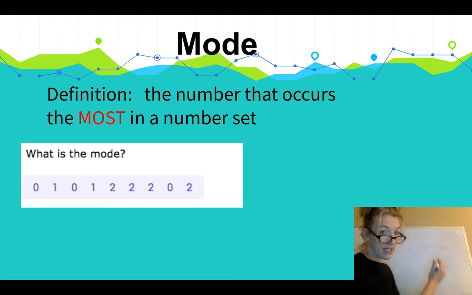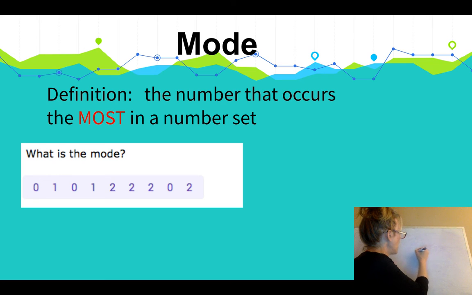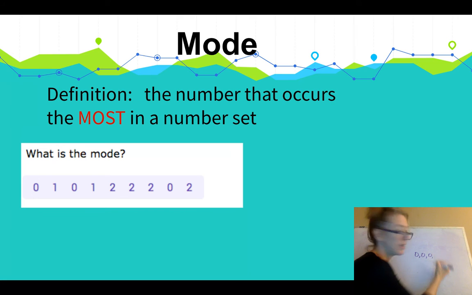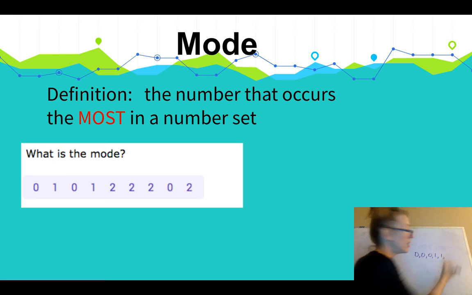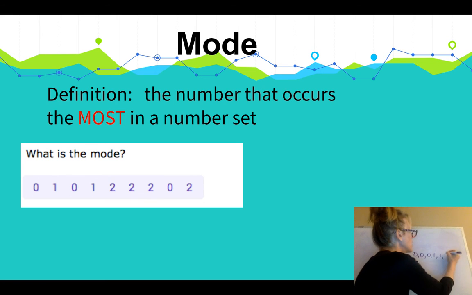So I'm on this data example that I have, it looks like I have 3 zeros. And then I had 2 number ones, and then I had 4 twos.